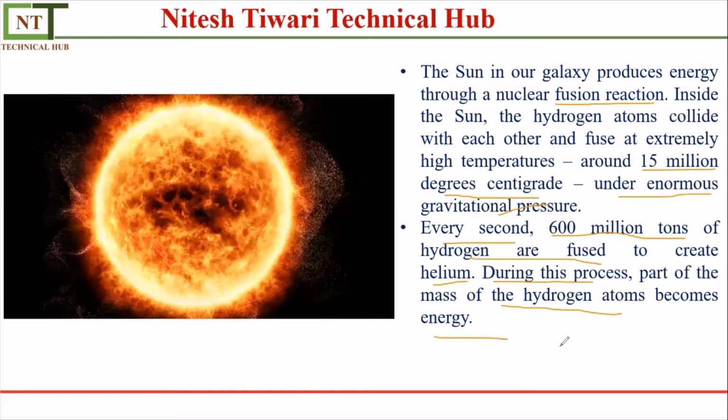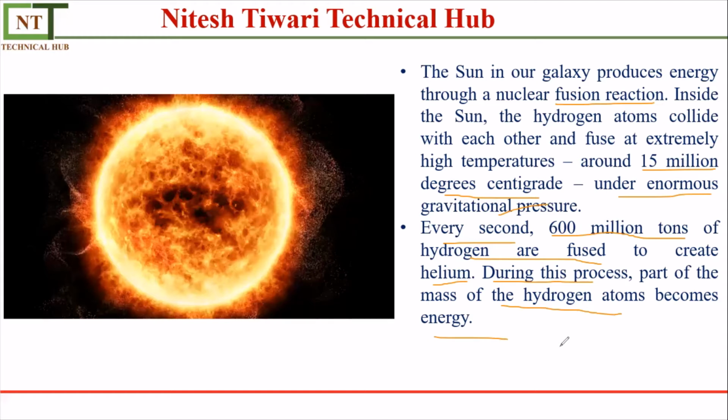If you are reading your board books or any books, they say that in the nuclear fusion reaction, two hydrogens collide and make helium. Of course, this is correct, but not fully correct. Why? Because let us think that in the sun or in a star, two hydrogen atoms collide and make helium and energy.